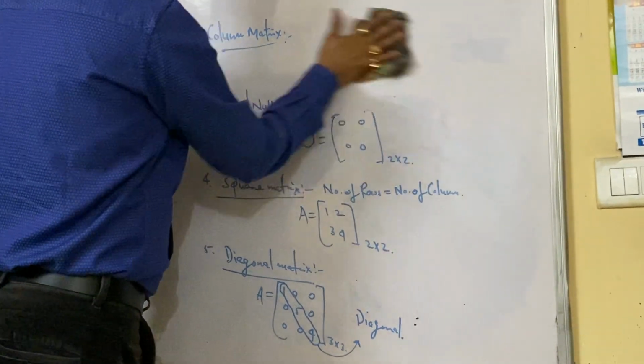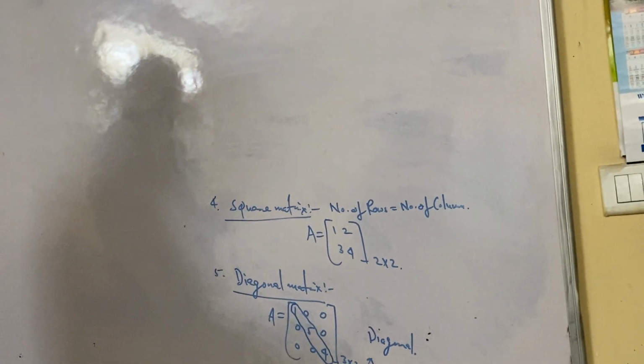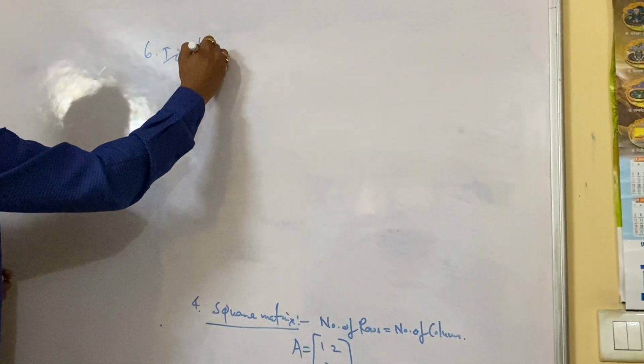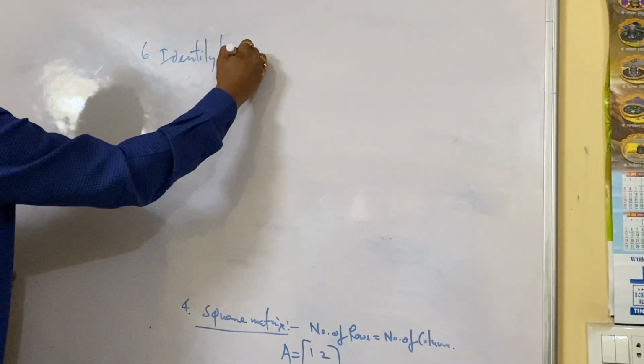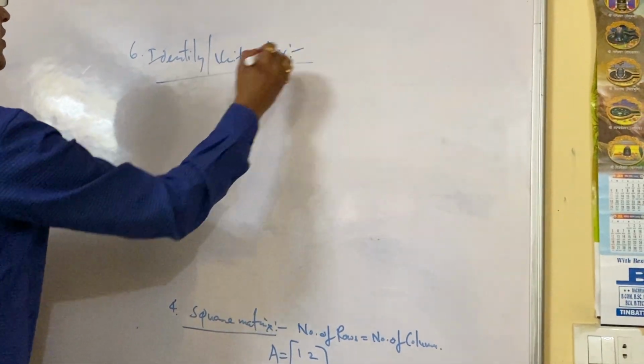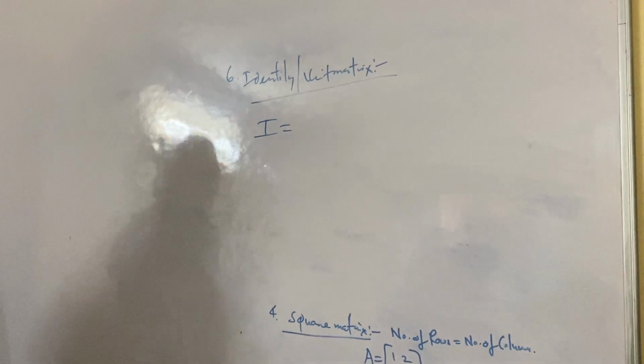Okay. Next we have identity or unit matrix. We denote it by I. I stands for identity or the unit matrix.